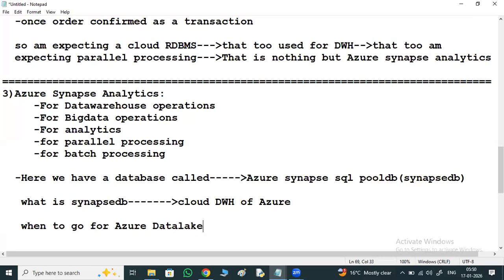When to go for Azure Data Lake and when to go for Azure Synapse?